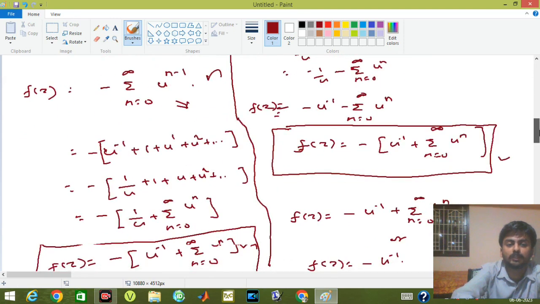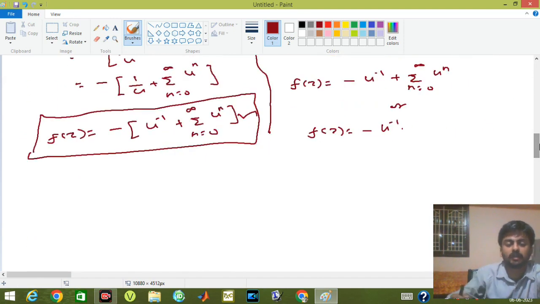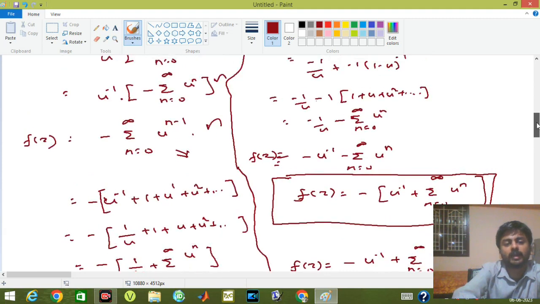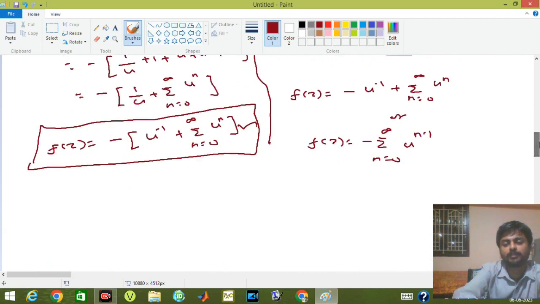Minus summation n equal to infinity u power minus 1, minus summation n equal to infinity u power n minus 1. Or this step, u inverse into minus of u n.